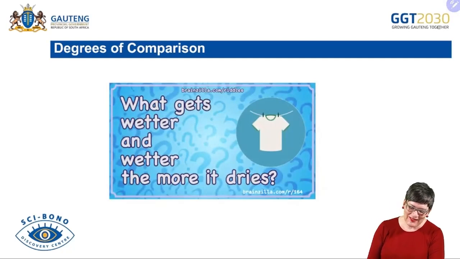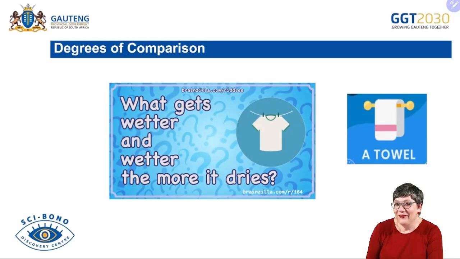What gets wetter and wetter the more it dries? Let's try again. What gets wetter and wetter the more it dries? Do you know the answer? No, I'm sure you do. It is, of course, a towel. So when you use a towel, it gets wetter and wetter, the more it dries off you.